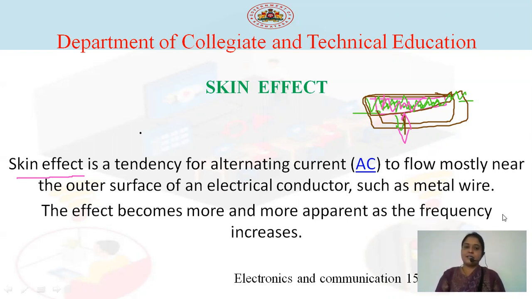If we go on increasing to still higher frequencies, the skin effect will be more, meaning more and more current will flow only at the top layer. It is not distributed throughout the conductor. Therefore, that is also one of the major problems of these conventional devices at the microwave frequency range.